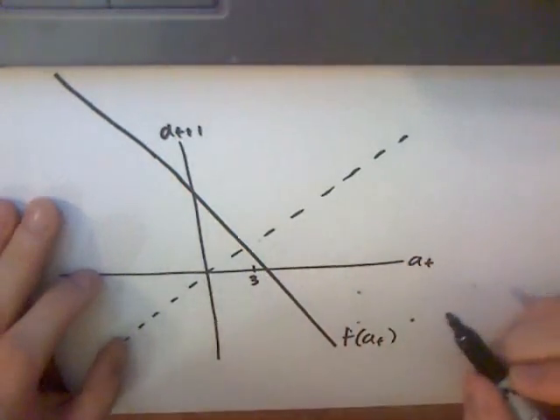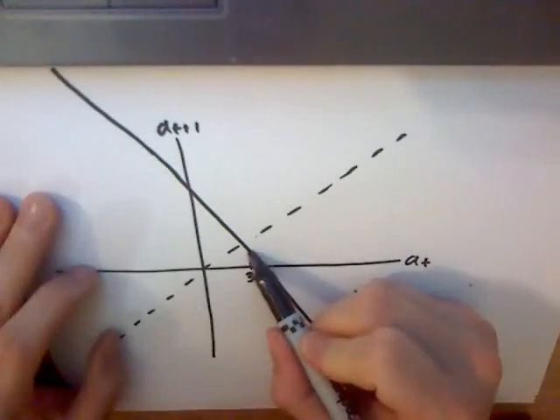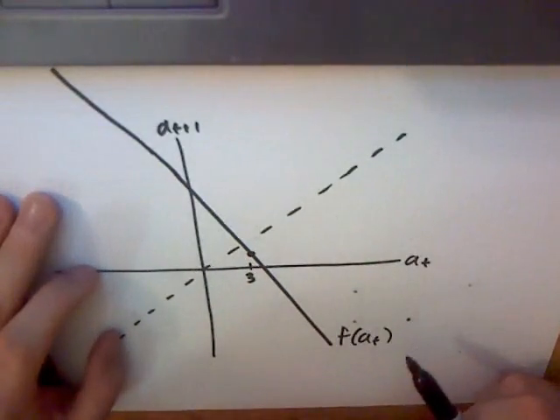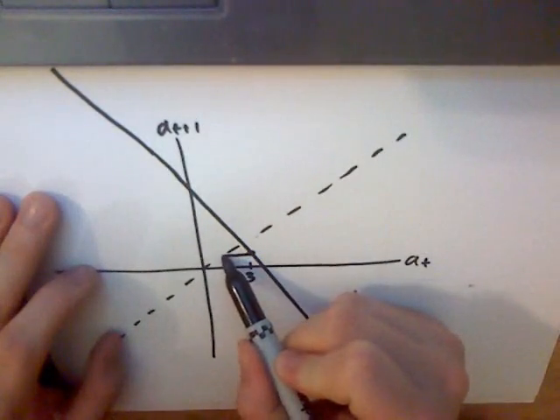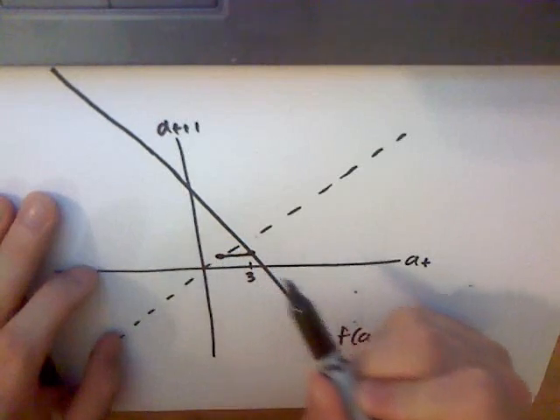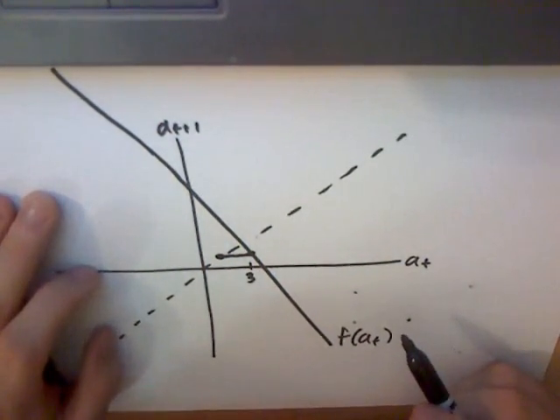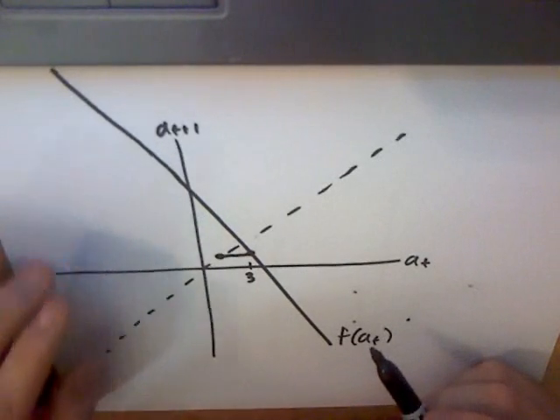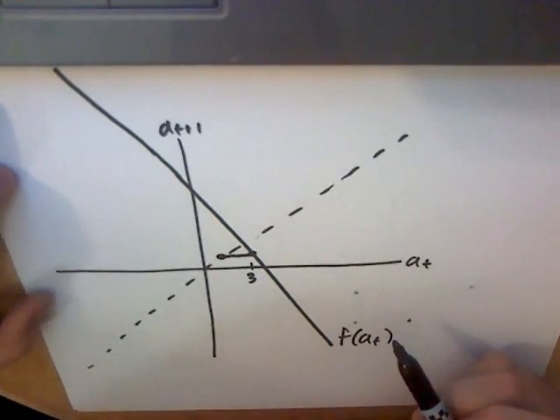Alright, a short reminder on cobwebbing. Let's say our initial value is 3, so we start here. The first step is to go horizontally to the diagonal. The diagonal will only be on one side, so you just go towards it and stop when you hit the diagonal. Then you go vertically to the updating function.